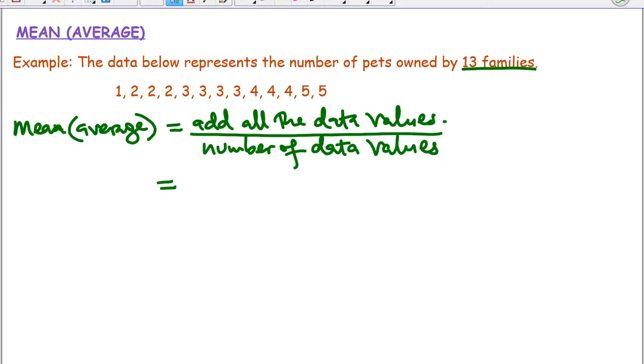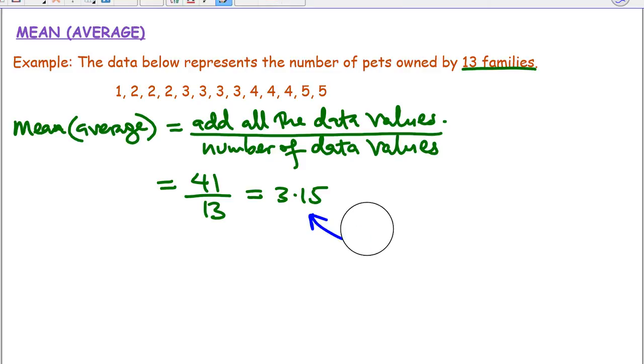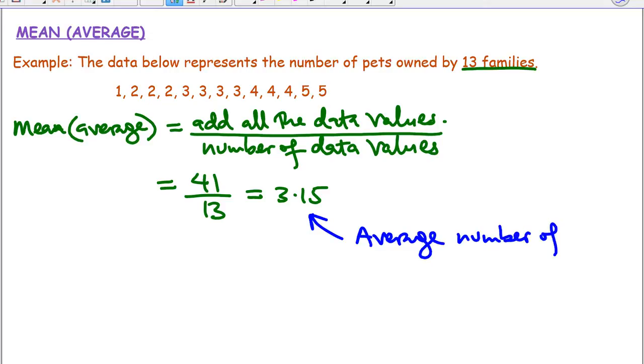If we add all of them, we end up with 41. So 41 pets divided by the number of families. So when you end up with 3.15. So this 3.15 basically represents average number of pets.